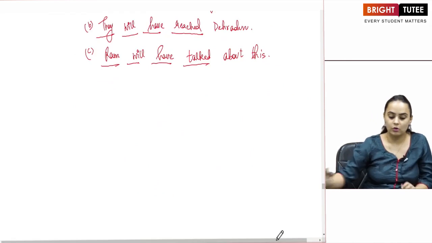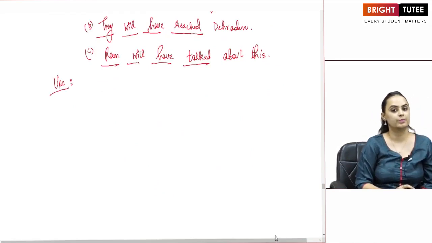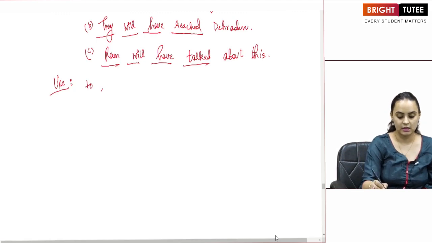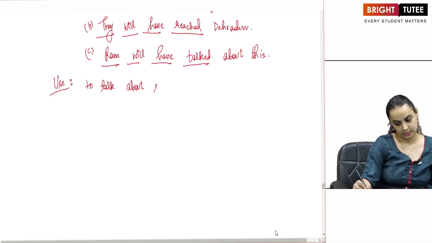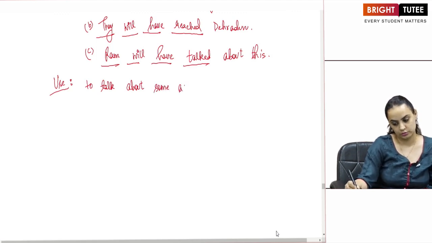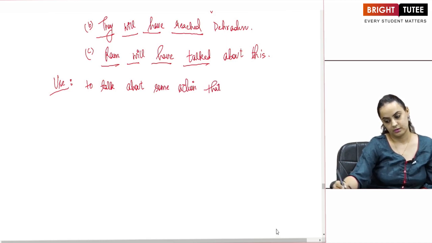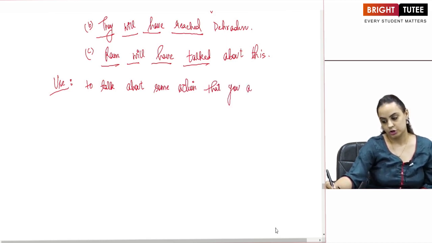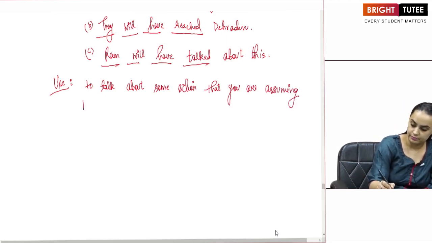Now there is only one use for the future perfect tense, and that is to talk about some action that you are assuming to be done.